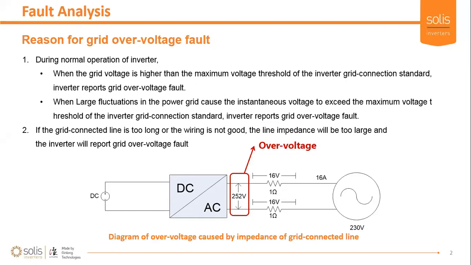As we can see in the diagram, this diagram of the over voltage caused by the impedance of the grid connected line shows the over voltage fault occurring.